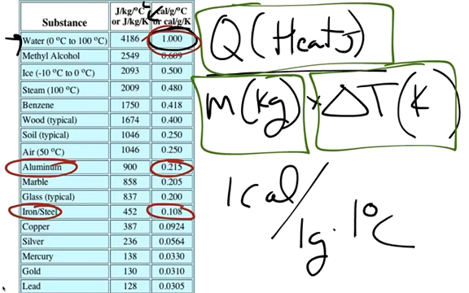You can also see on this chart the substances we are comparing on the other side. Notice aluminum's here, 0.21. Notice gold right here, 0.03. So it's, like I said on the other side, 7 times more energy to heat up aluminum than to heat up a similar sample of gold. And that really has to do with, again, the electrons and how they can transfer energy between their d shells.